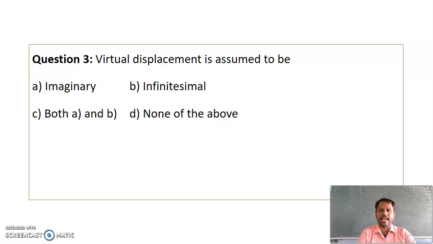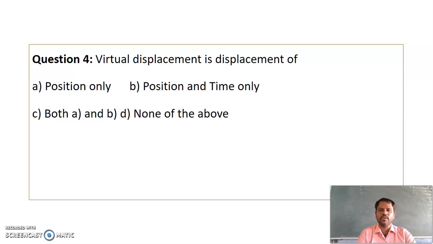Virtual displacement is assumed to be imaginary and infinitesimally small. So the answer is both A and B. Virtual displacement is the displacement of only position and does not involve time.